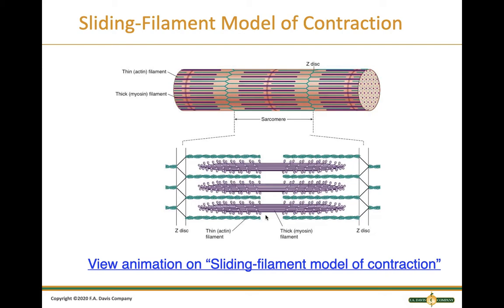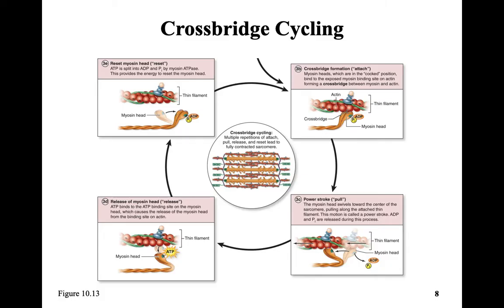Alright, next we need to know why muscle contraction requires ATP. And so muscle goes through something called the cross-bridge cycle, where the myosin has to reach out and grab the actin, and then it does its little power stroke where it moves, and that causes the actin to slide.